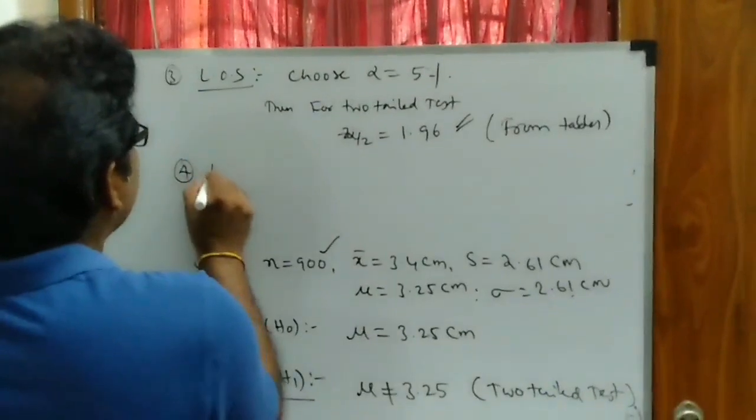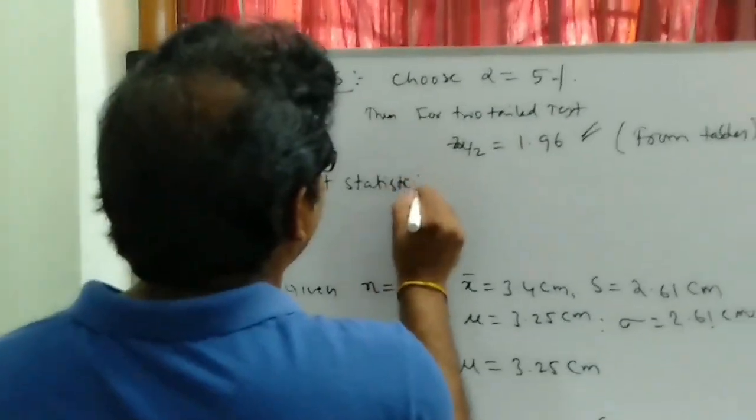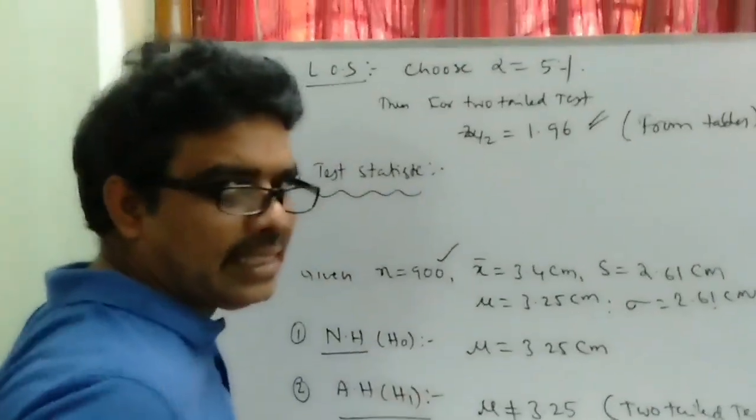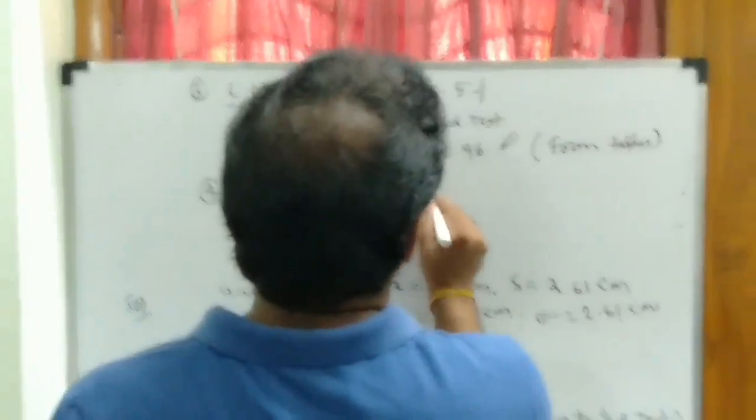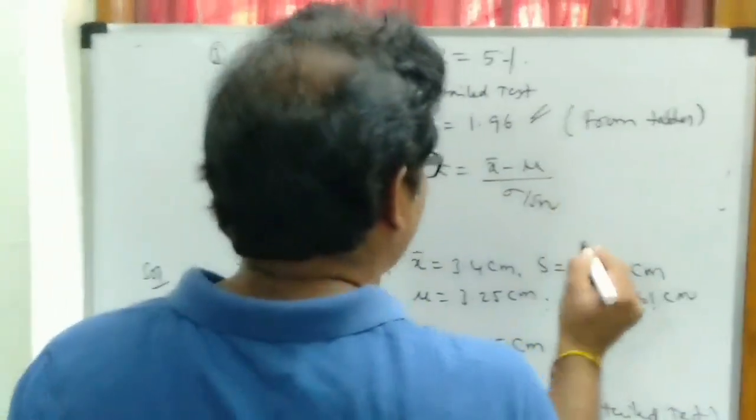In the fourth step, we have to evaluate the z value, the test statistic. So z is equal to x bar minus mu by sigma by root n.